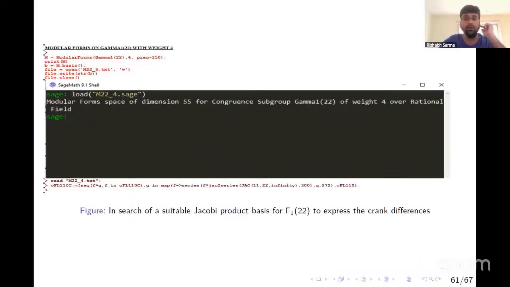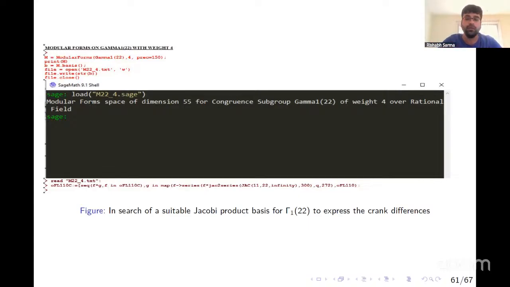Moving on, we look at the space of modular forms on gamma 1 of 22 with weight 4, and we try to find a suitable Jacobi product basis here. Through some experimentation, we are able to convert the elements of this basis into a new basis whose elements are actually products.